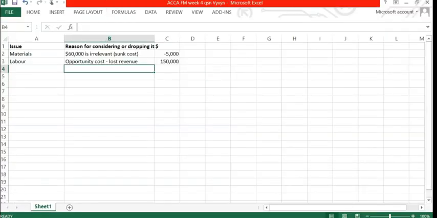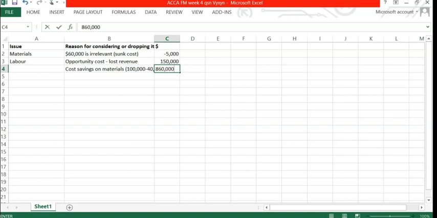So we come here and say cost savings on materials. That's 100,000 minus 40,000, and we should get our 60,000, which is a saving.